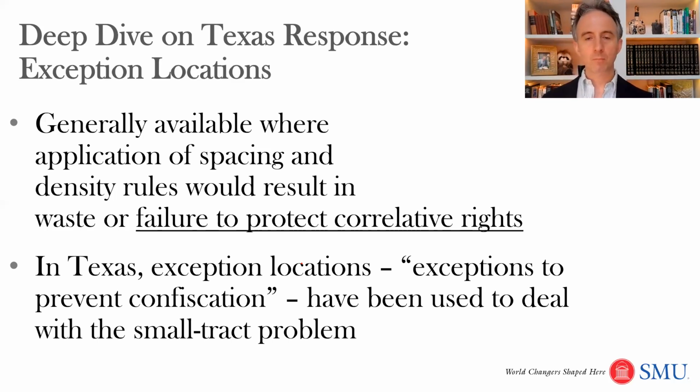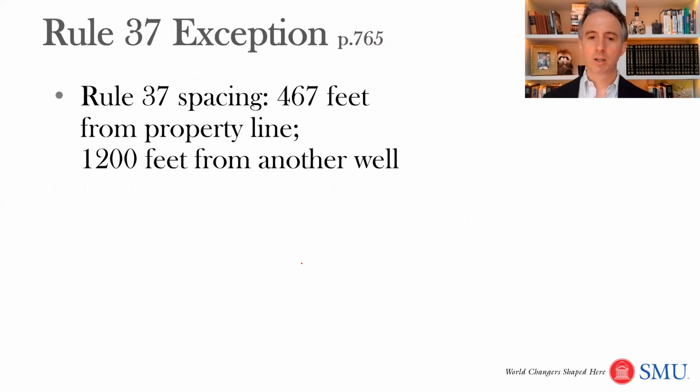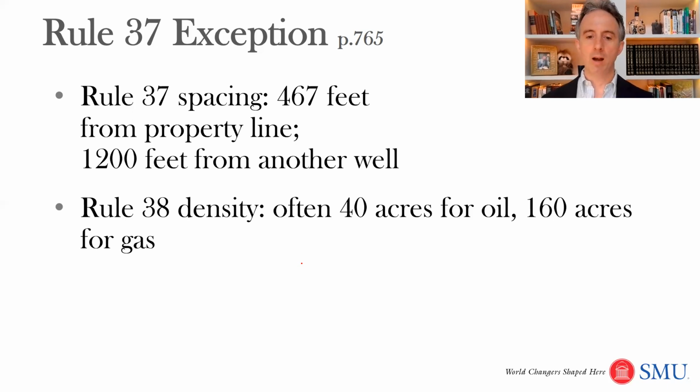So rather than allowing white acre to pool, you just say, okay, white acre, you get your own well. So that's a Rule 37 exception described on page 765 in your book. Now, Rule 37 is the spacing rule. So that says you have to be 467 feet from the property line and 1,200 feet from another well. There's also a density rule.